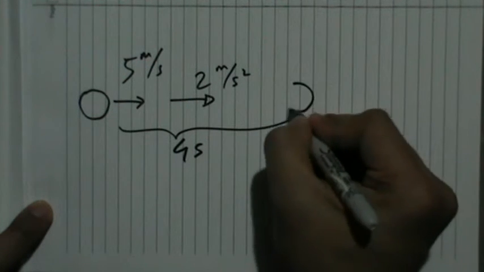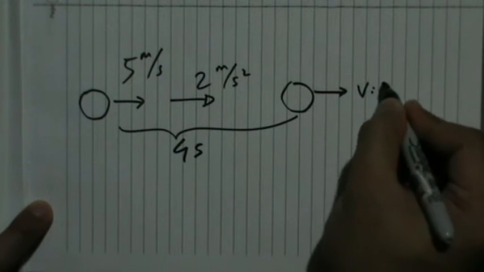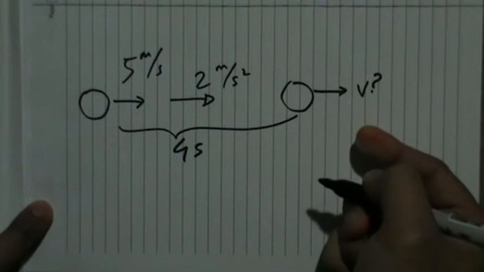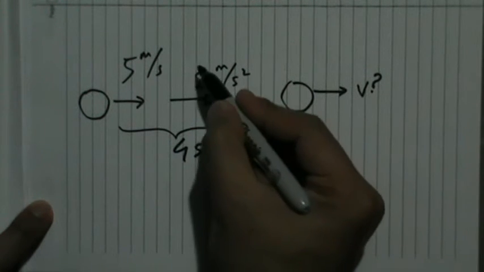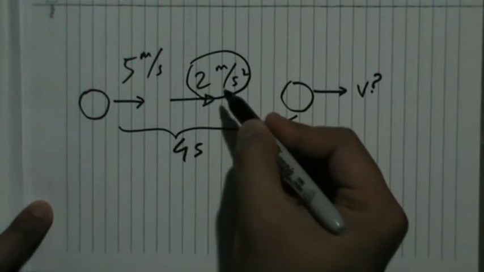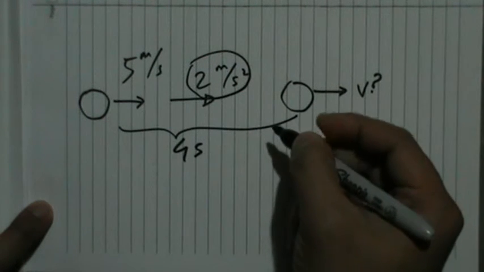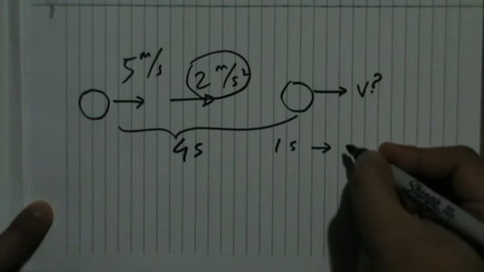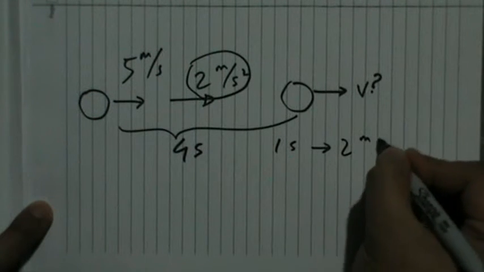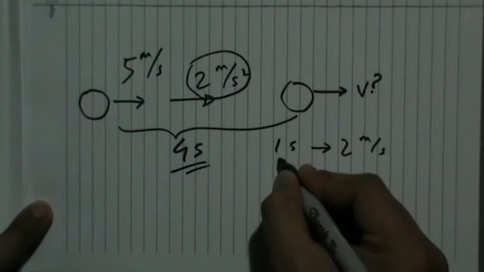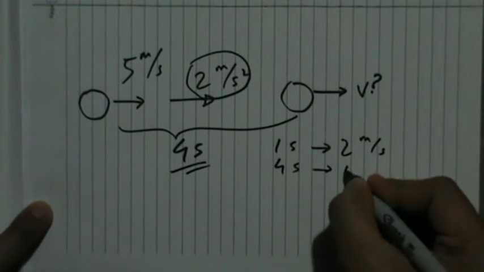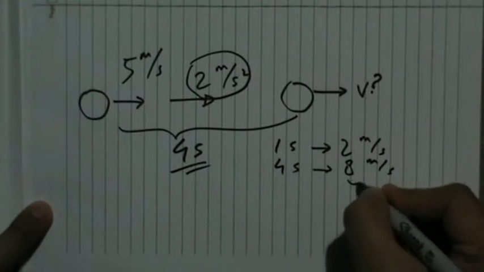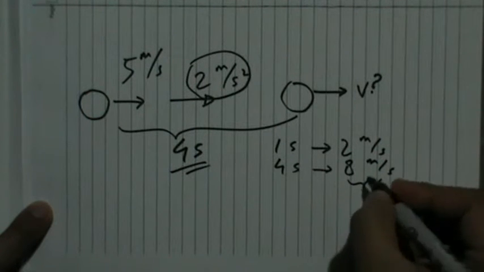So first, we can find the final speed. As you already learned before, 2 meters per second squared means that every second the speed will increase 2 meters per second, meaning that after 4 seconds you will get the increase in speed of 8 meters per second.